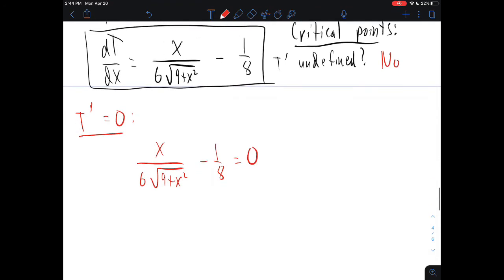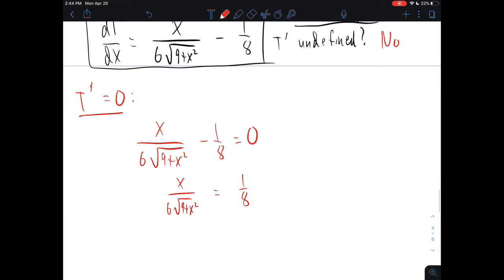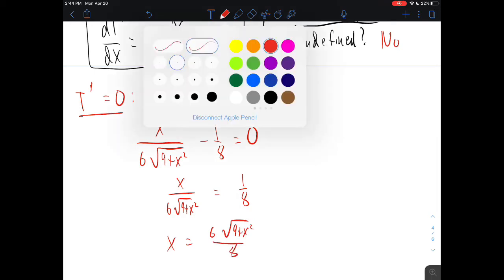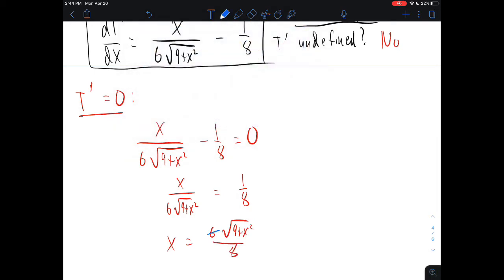So I'm going to first add the 1/8 to both sides. And after doing that, I'm going to cross multiply, essentially. Really, I'm going to multiply both sides by the denominator that's on the left. So I'm going to say x is equal to 6 times the square root of 9 plus x squared divided by 8. And while I'm at it, I'll simplify 6 over 8 as 3 over 4.